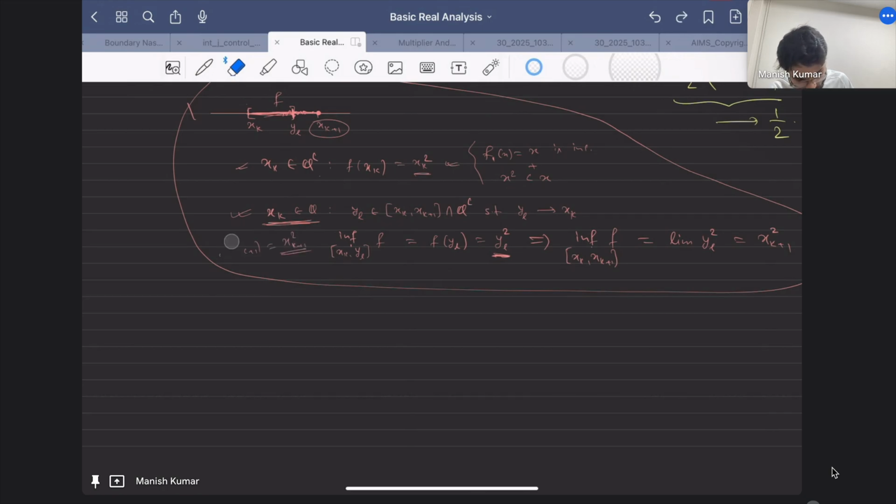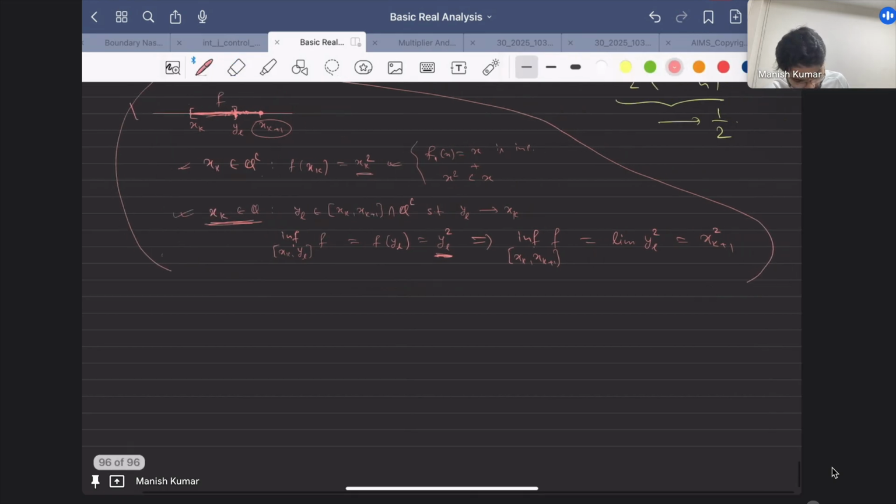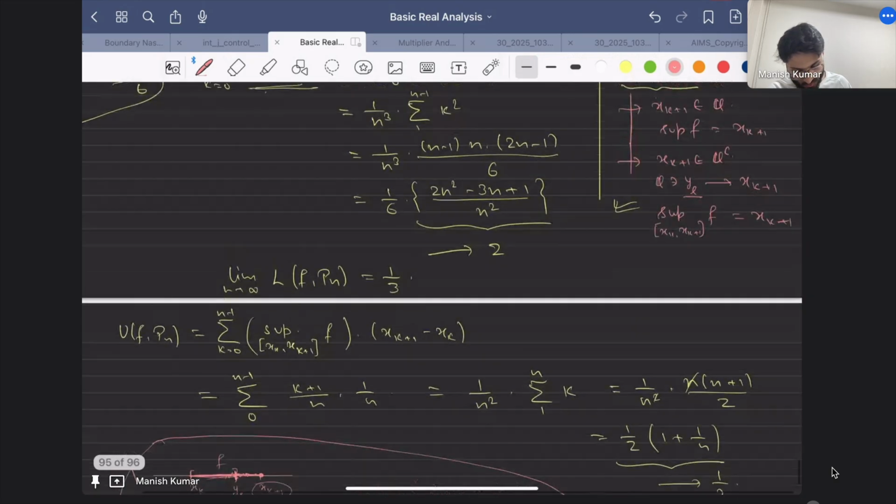So the infimum of f over xk to xk plus 1 is always going to be xk square. So here it would be xk square. Okay, so this would be needed for this case, the first one.